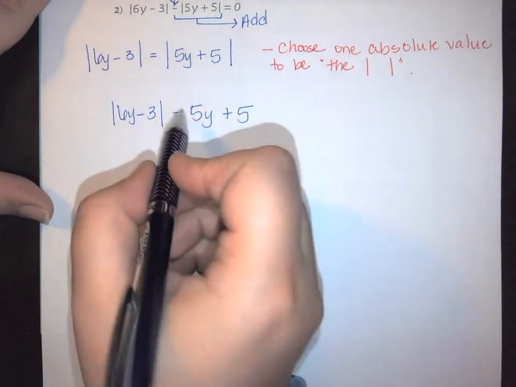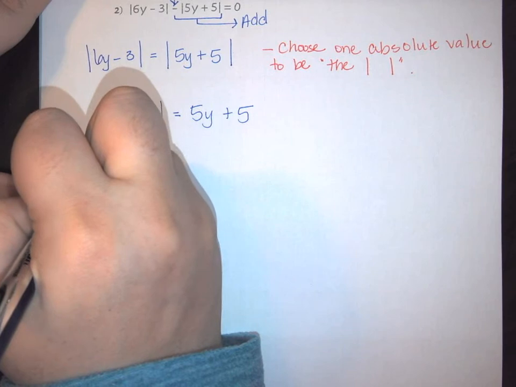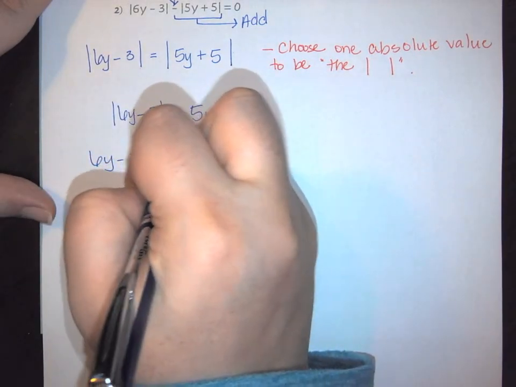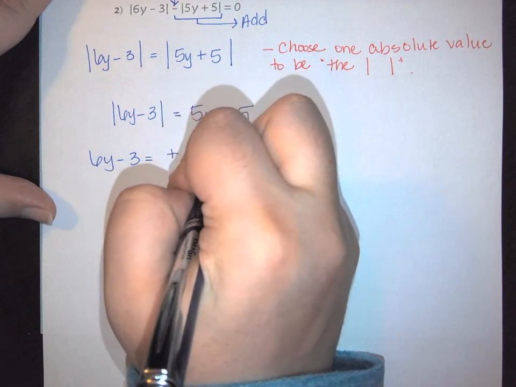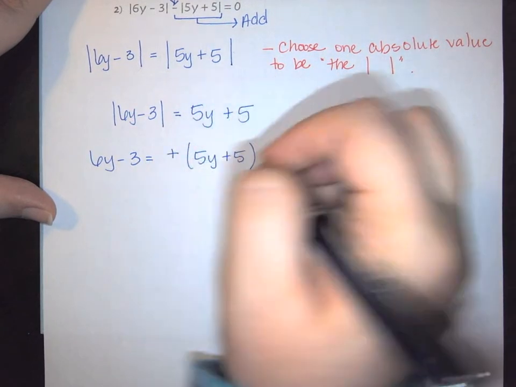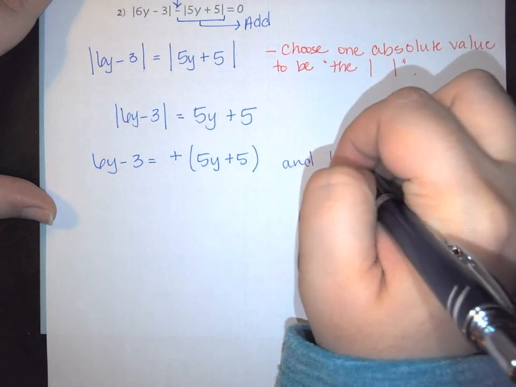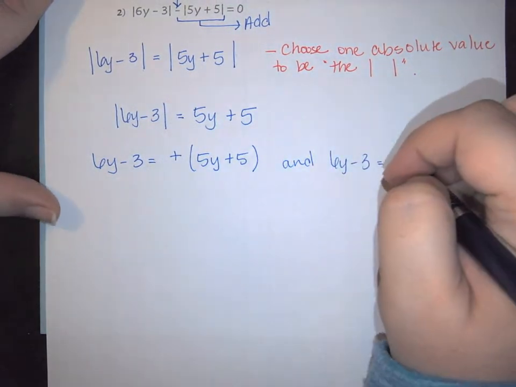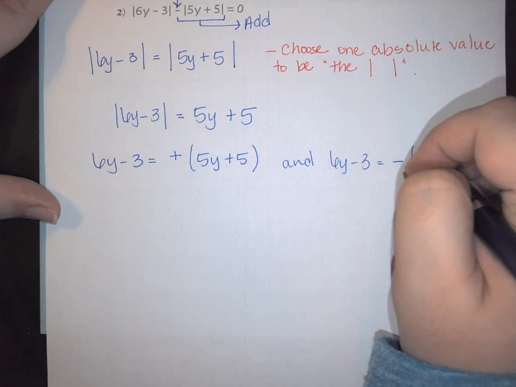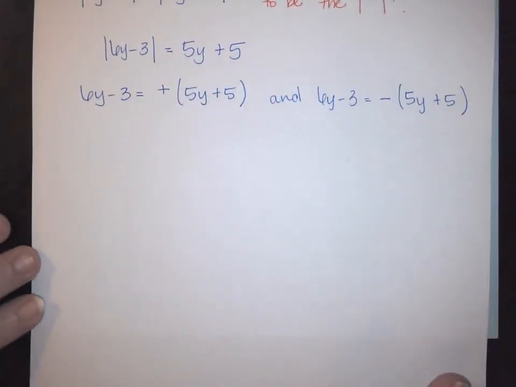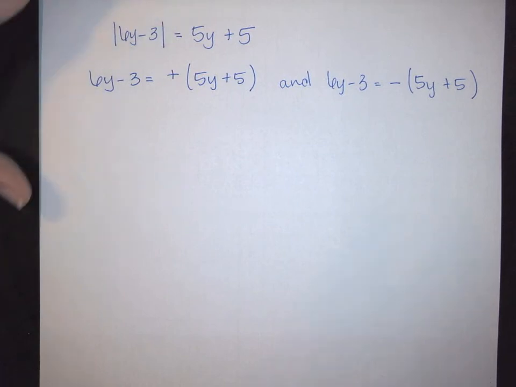My absolute value stuff would come out, and we would have 6y minus 3 is equal to the positive of the 5y plus 5, and 6y minus 3 is equal to the negative of my 5y plus 5. And now we have to solve them both.